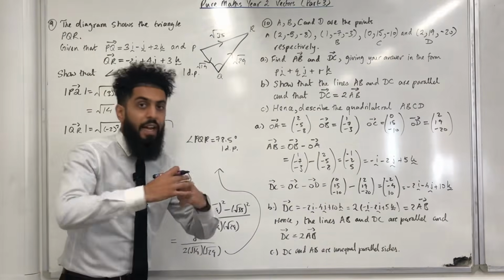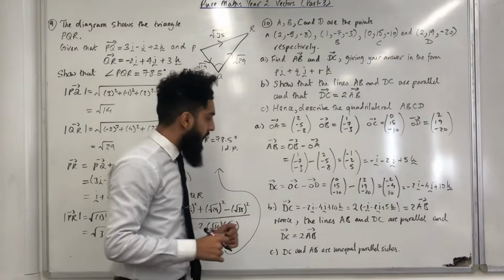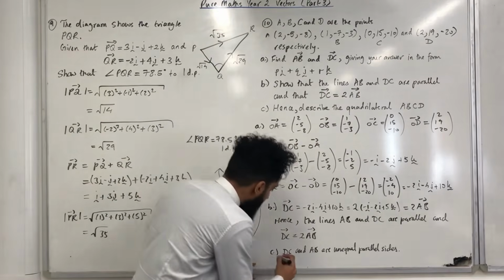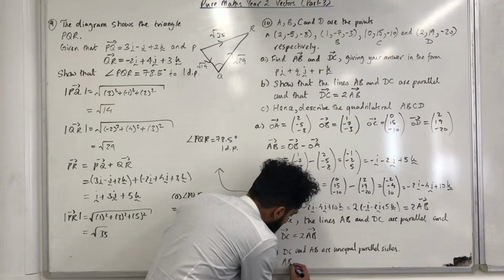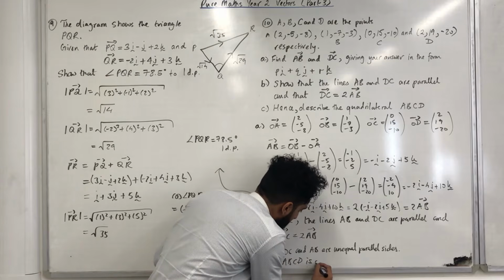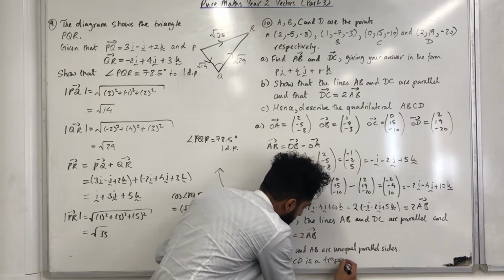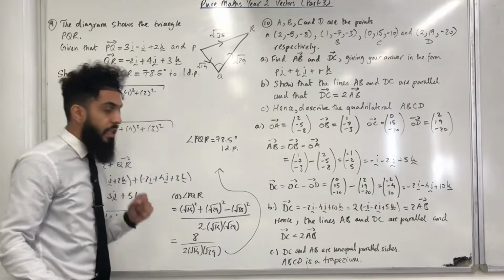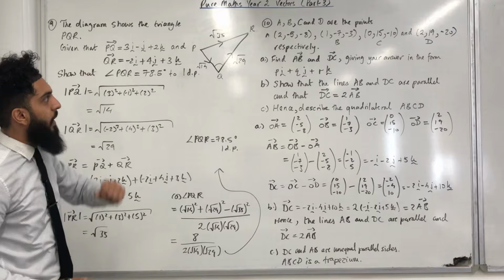A trapezium has unequal parallel sides, hence we can conclude that the quadrilateral ABCD is a trapezium. And that completes part C of the question and question number 10.